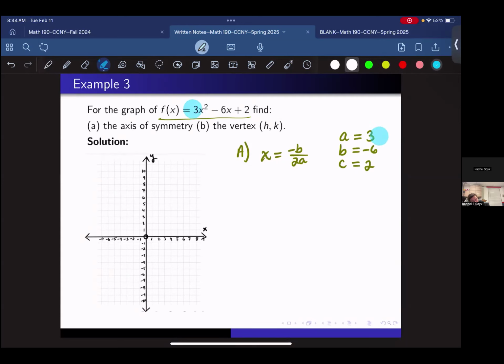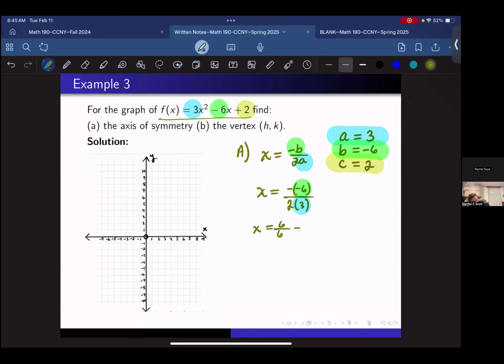I'll highlight it to help you guys out a little bit more. And again, axis of symmetry is our green divided by 2 times our blue. Let's now plug in these values and we get negative in parentheses -6 all over 2 times 3. Negative times -6 is just +6. 2 times 3 is +6. And 6 divided by 6 is 1.